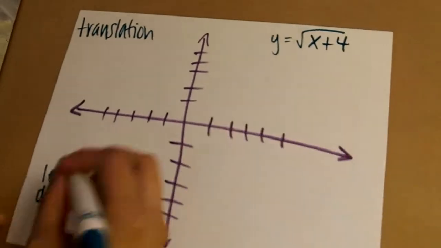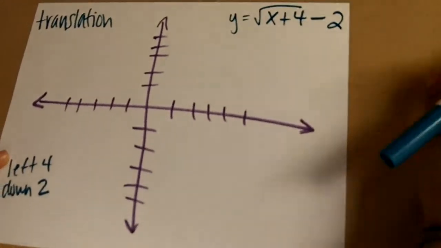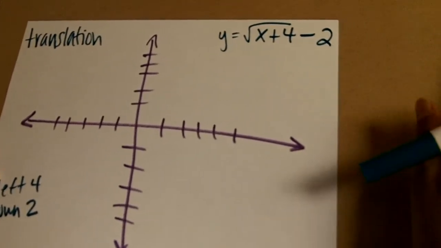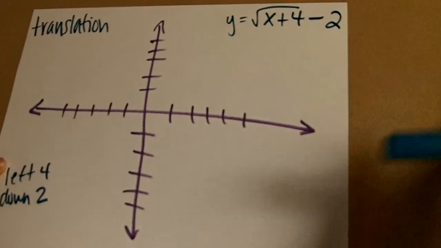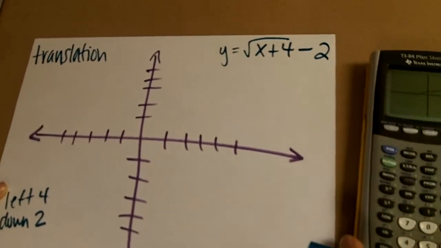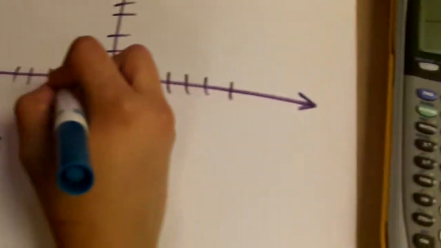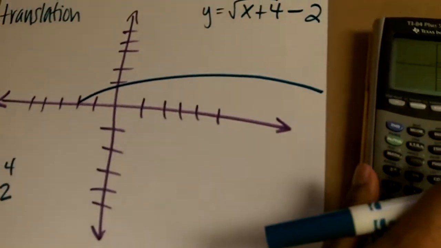And then if you want to move it down 2, you have to simply subtract 2. And that should give you this graph, which looks like this. And that is it.